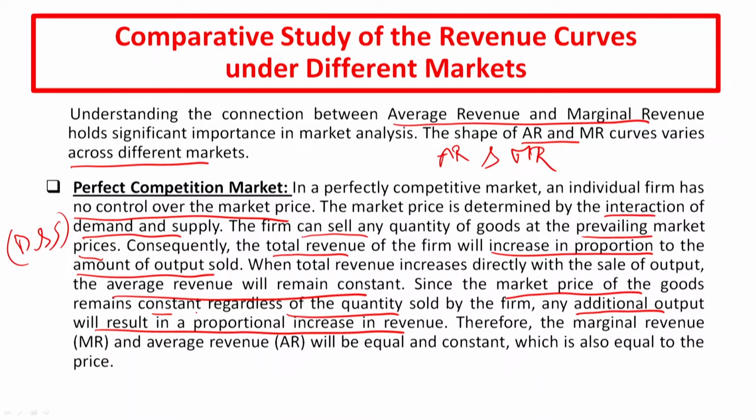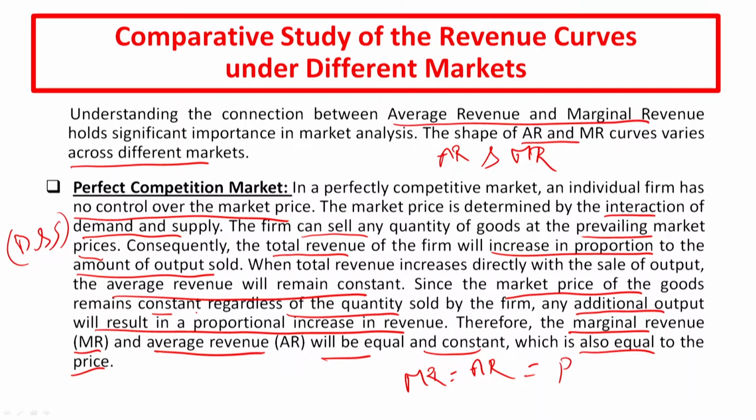So finally, therefore, marginal revenue, that is MR, and average revenue will be equal here, which is a very important point, that MR will be equal to AR here and constant, which is also equal to the price, which is the gist of it.